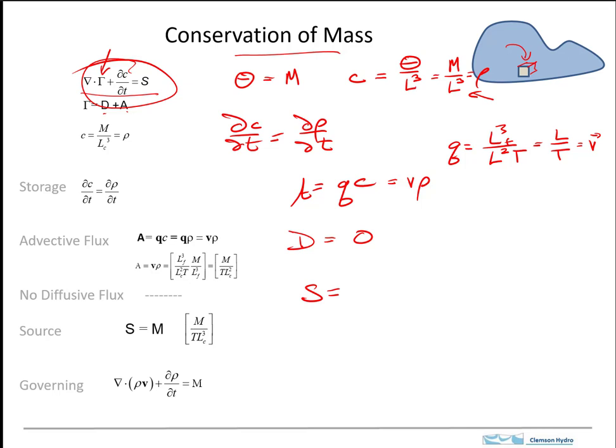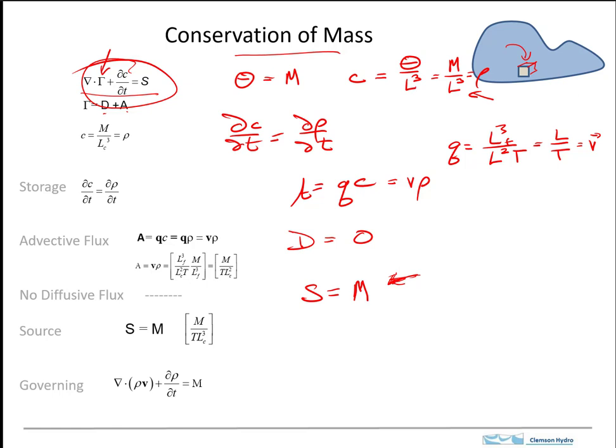That would be a potential approach. So we can include that. We'll just call this M, and that would be a mass source where it's got units of mass rate per unit volume. We're including it here just to keep things general. In a lot of cases, we're just going to set that equal to 0.